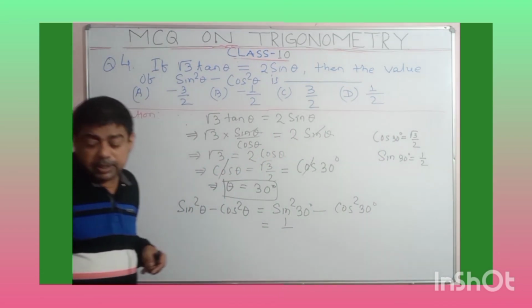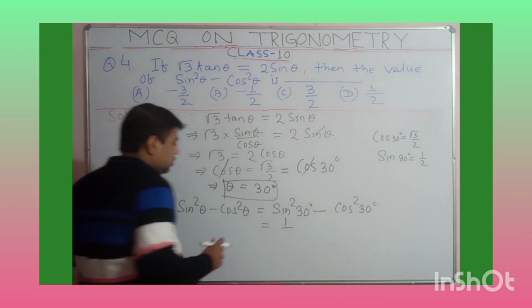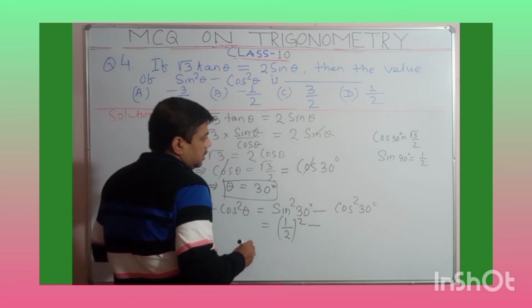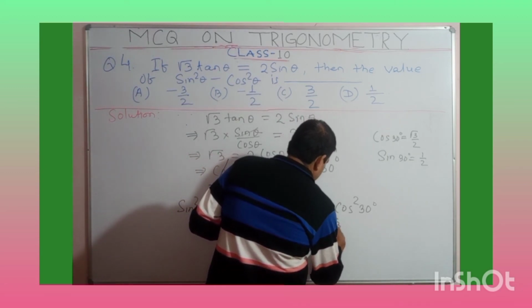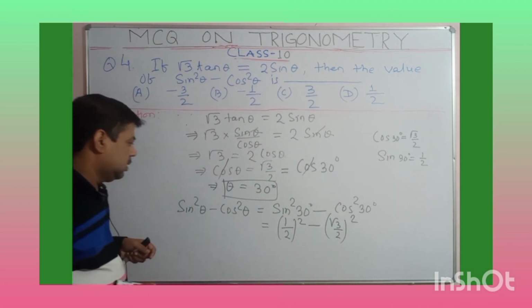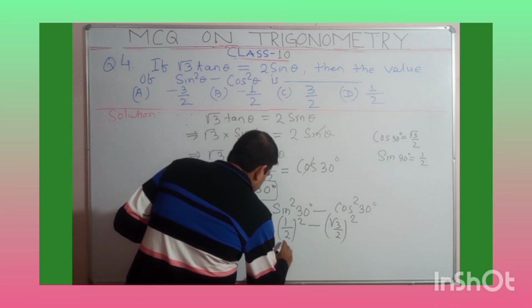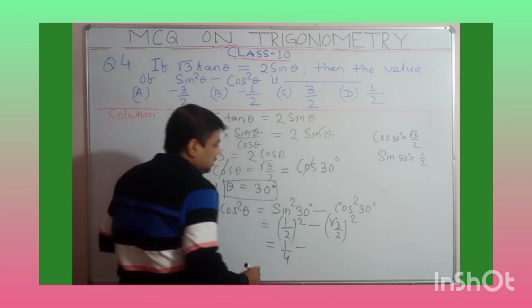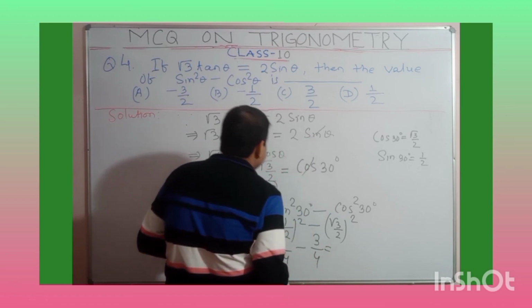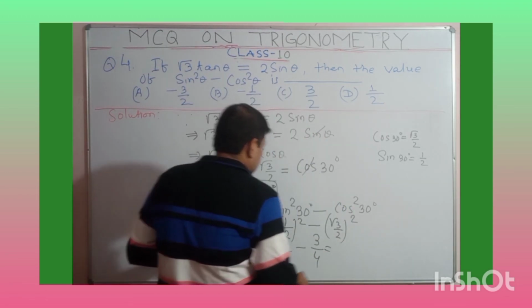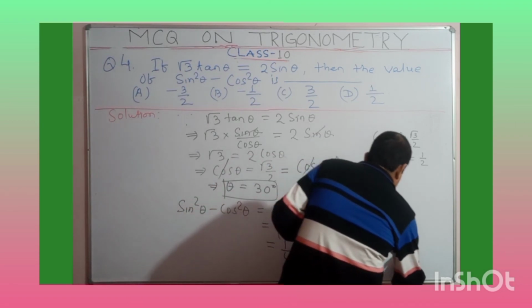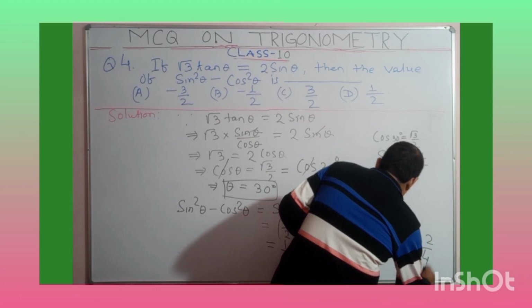Use the values: in place of sin 30 we can write 1 by 2. Since it is sin square 30, it will be 1 by 2 whole square, minus cos square 30, which is root 3 by 2 whole square. So it will be 1 upon 4 minus, root 3 square is 3 and 2 square is 4. Now what are we getting here? Take the LCM 4: 1 minus 3, that is equal to minus 2 upon 4.